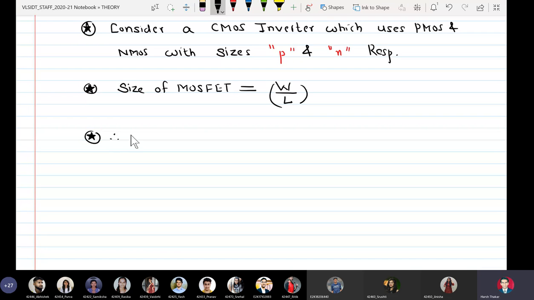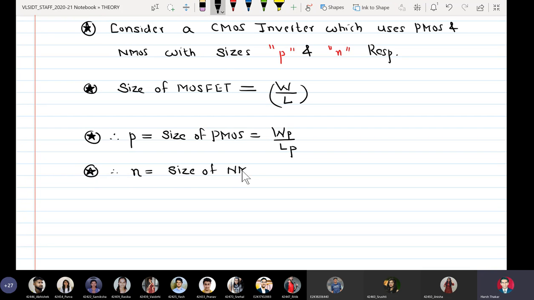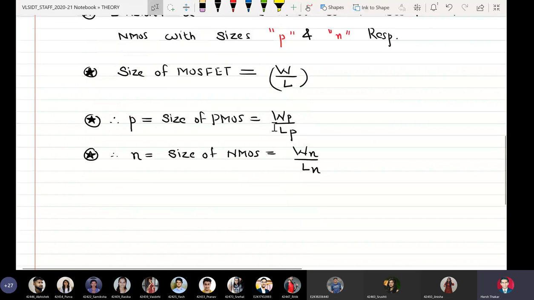Therefore, p is the size of PMOS, equal to width of PMOS upon length of PMOS. n is the size of NMOS, equal to width of NMOS upon length of NMOS.